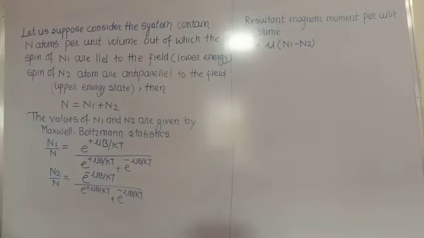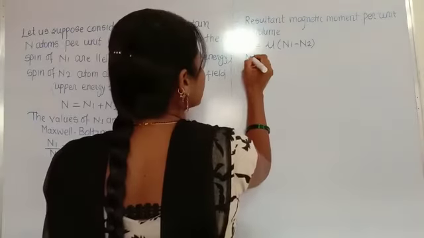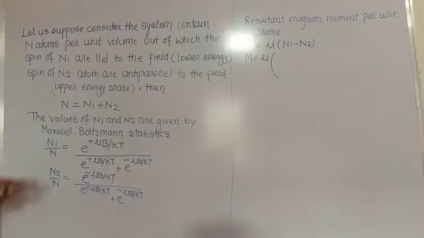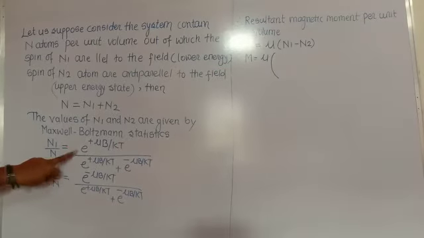So after putting these values, M is equal to mu, and n1 means n1 by n multiplied by n.